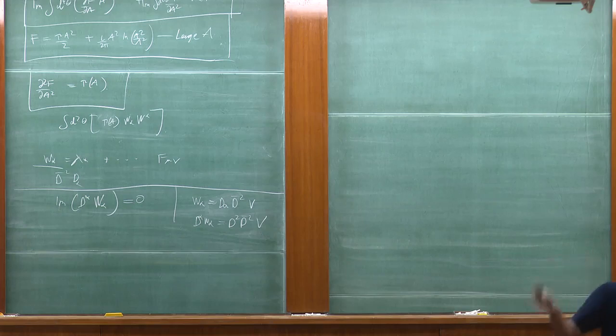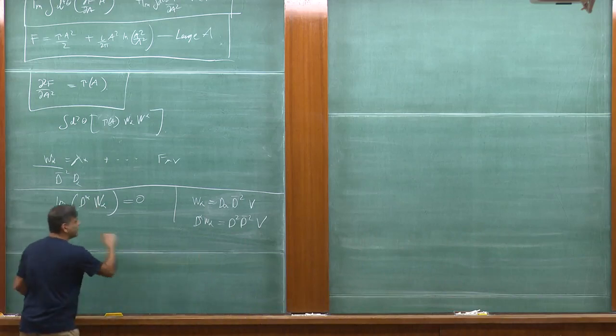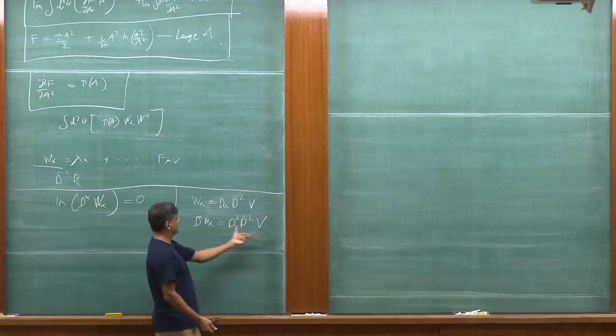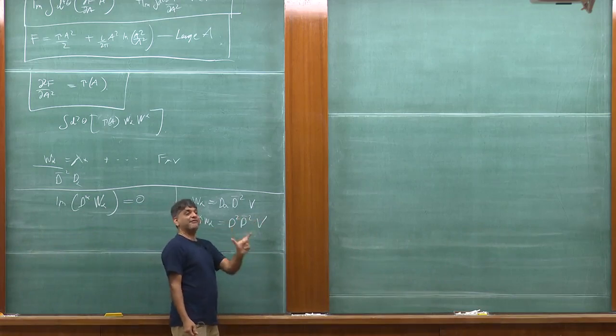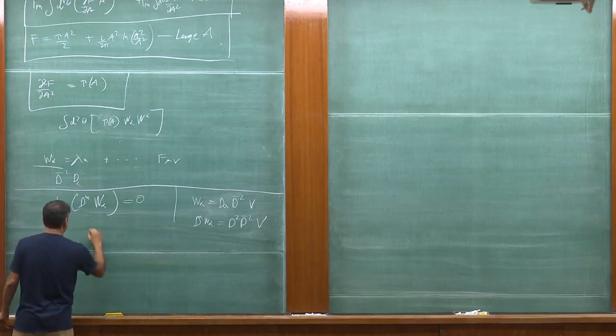If we didn't know that W alpha was D alpha D bar squared on some real superfield, then this equation would not be a triviality. We just take the expansion of W alpha in components, work out what this equation gives us, and if you do this little exercise, you will see that the term involving the f alpha beta gives an equation which is basically the Bianchi identity.